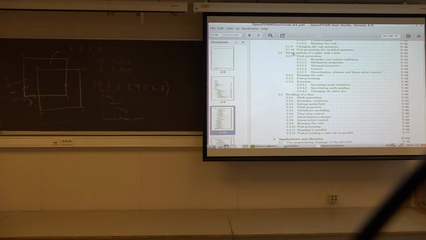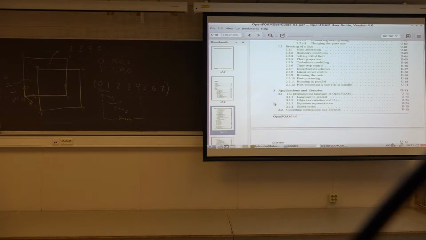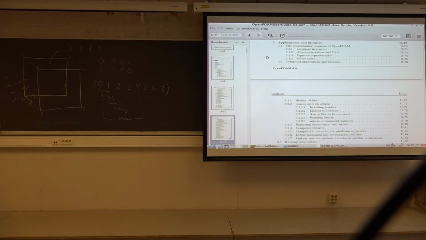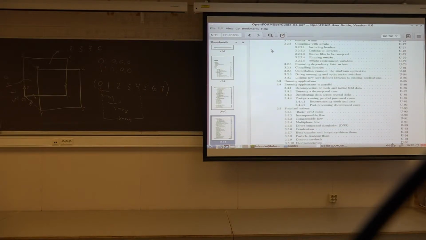Next tutorial here, that's solid mechanics, so we'll skip that one. Breaking of a dam, something we have done. We're going to look further into that one a little bit later. Then more theory around OpenFOAM, applications and libraries.